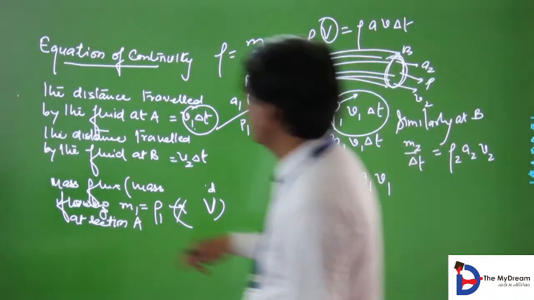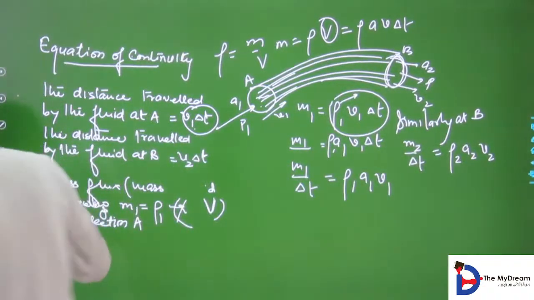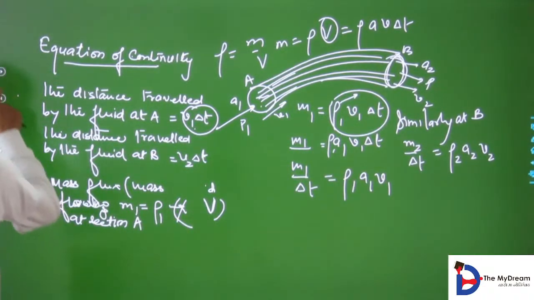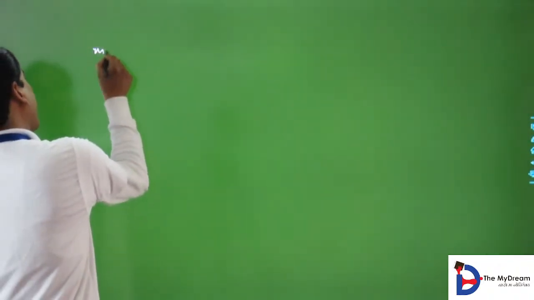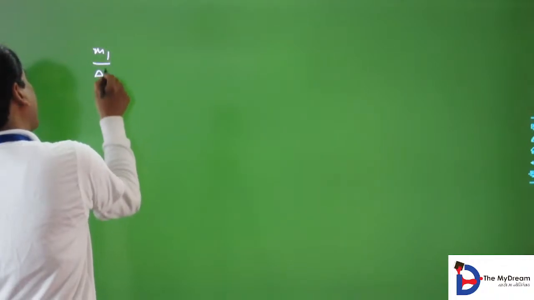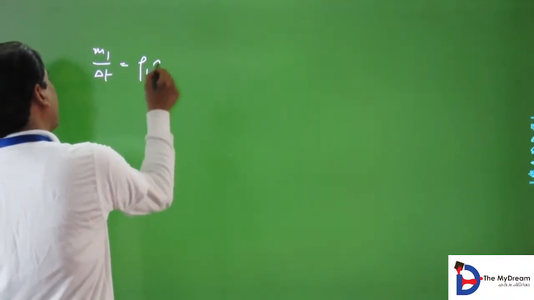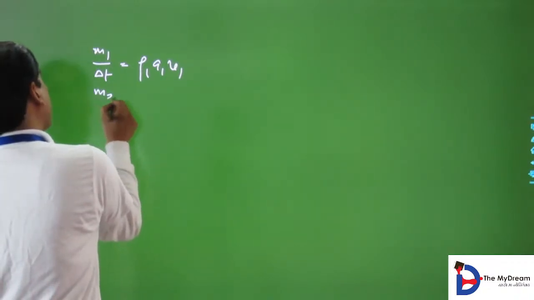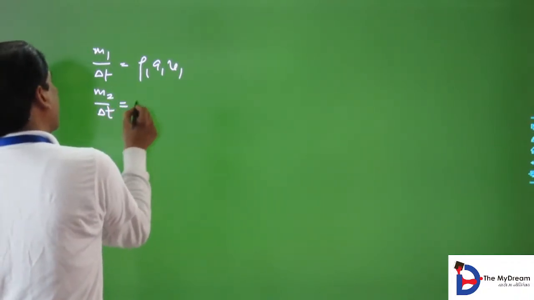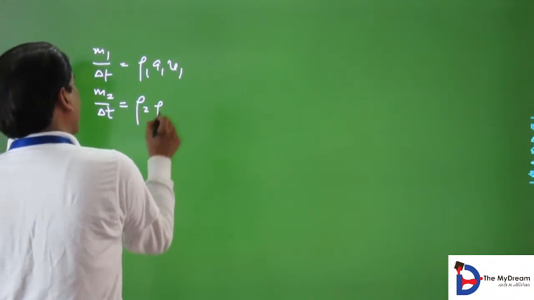So M1 upon delta T is given by rho 1 A1 V1, whereas M2 upon delta T is rho 2 A2 V2.